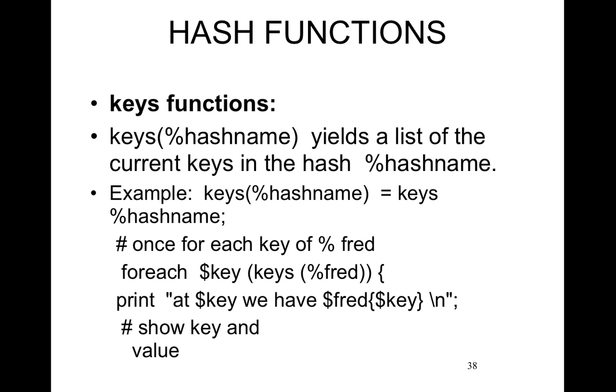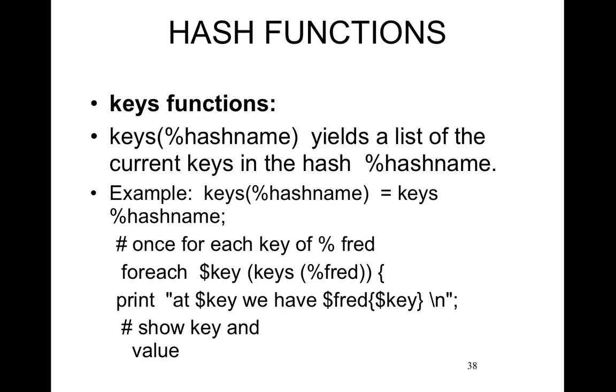So we have functions. We have key functions that we can apply. So keys with the hash name yields a list of the current keys in the hash. So we can get the Buicks and the Hondas and the Toyotas and the Fiats out of there. Here's an example usage where we have keys with the hash name. So once for each one of the keys of the hash Fred, for each key in keys of the hash Fred, print out the key.